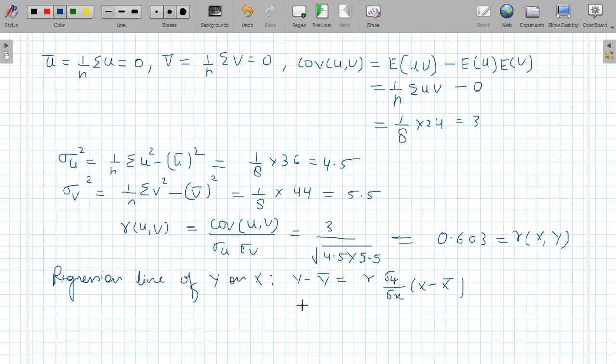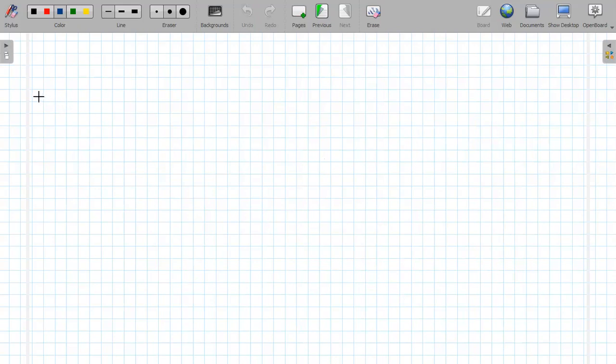So we need here sigma y, sigma x, the average value of x, and the average value of y. R is already calculated. So first of all we calculate the average value of x. So how will we find the average value of x?